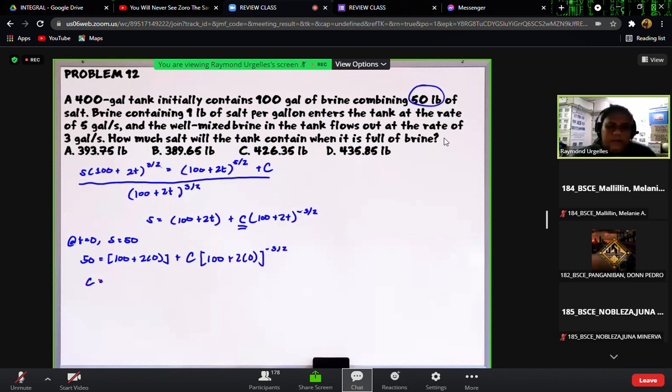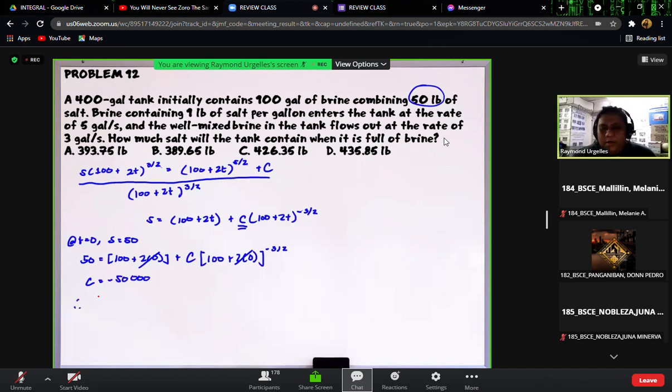So, we can solve for the constant here. We can cancel yung 0 dito. So, we have 50 minus 100 divided by 100 raised to negative 3 halves. You will get this to be negative 50,000.